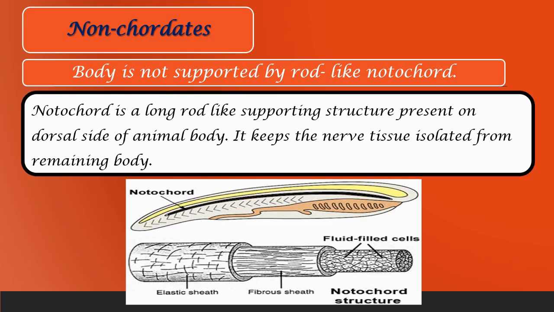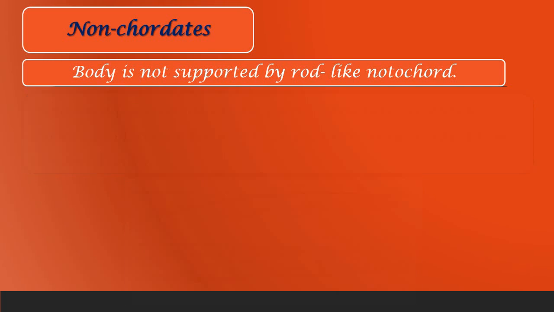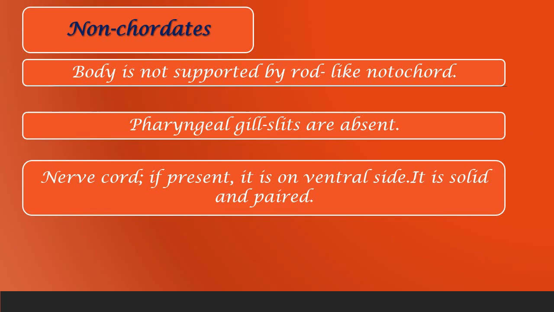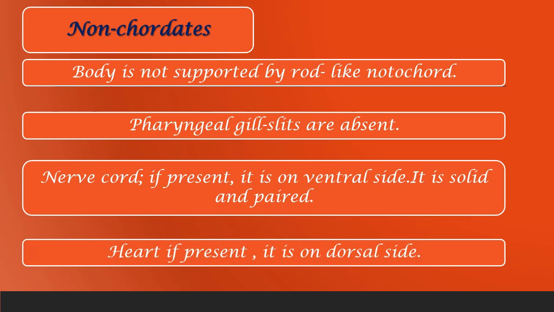It keeps the nerve tissue isolated from the remaining body. Then the next character, pharyngeal gill slits are absent in the non-chordates. Then if the nerve cord is present, it is on the ventral side and it is solid and paired. And if heart is present, it is on the dorsal side.